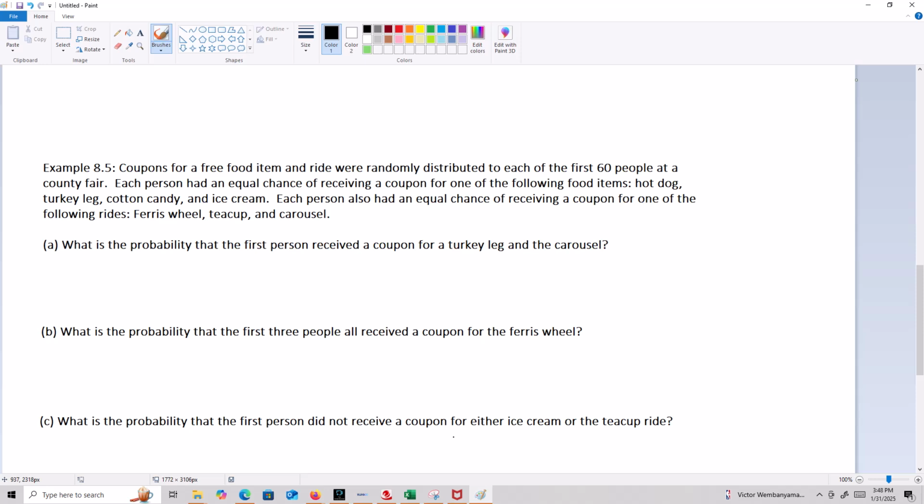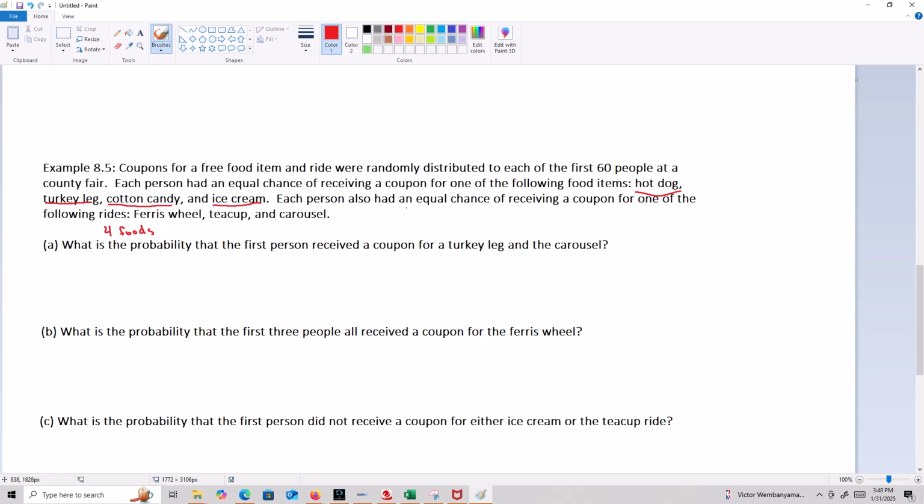Each person had an equal chance of receiving a coupon for one of the following food items: hot dog, turkey leg, cotton candy, or ice cream. And I'm going to underline that. We have hot dog, turkey leg, cotton candy, and ice cream. So there are 4 foods.